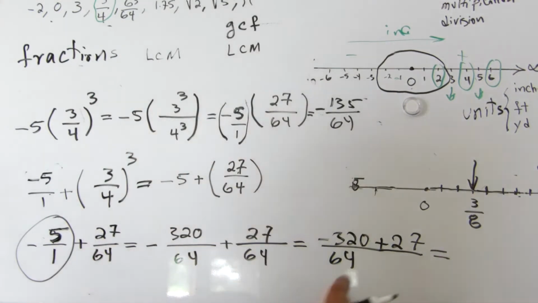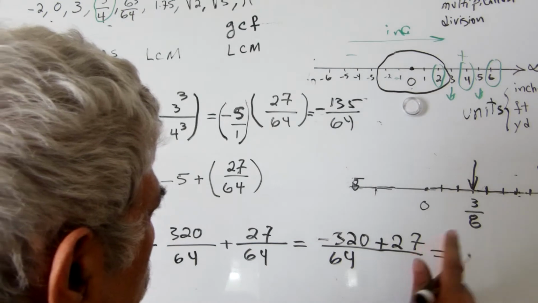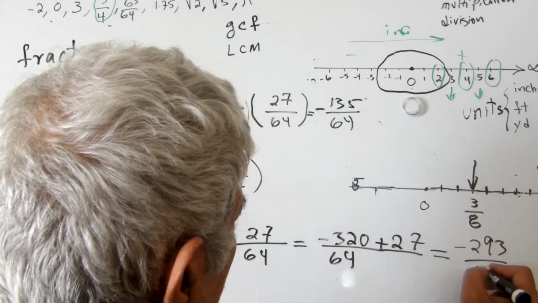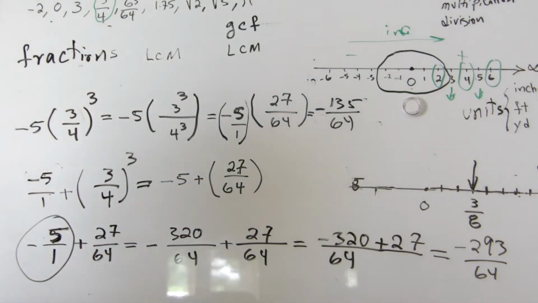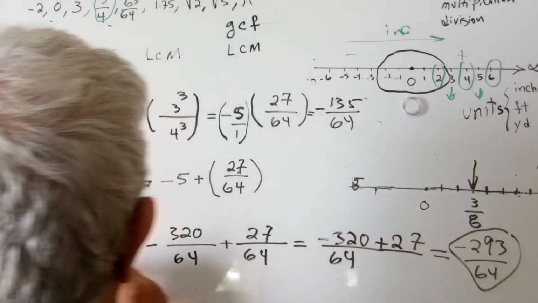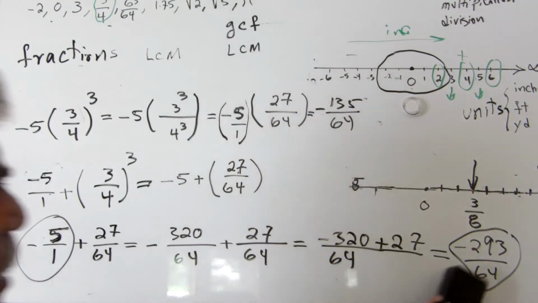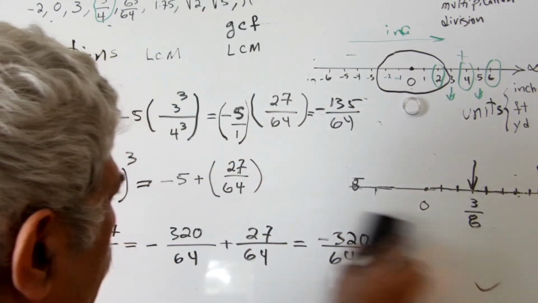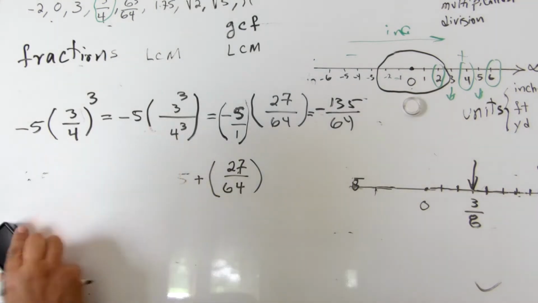So this is actually going to be minus 293 over 64. Yes, 293. So the result is this when we add. Make sure that the sign is very important: you see whether 5 is multiplied or added.